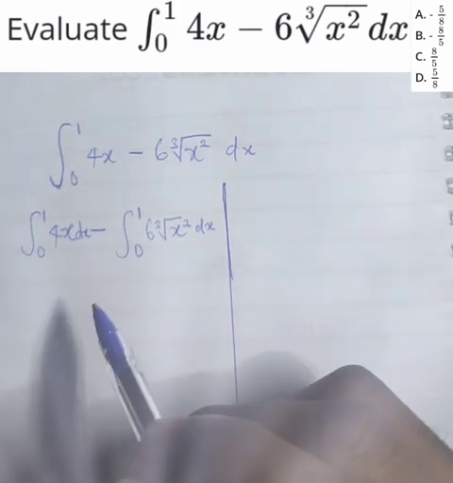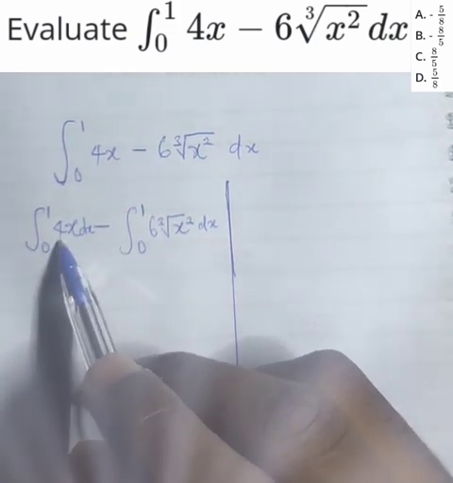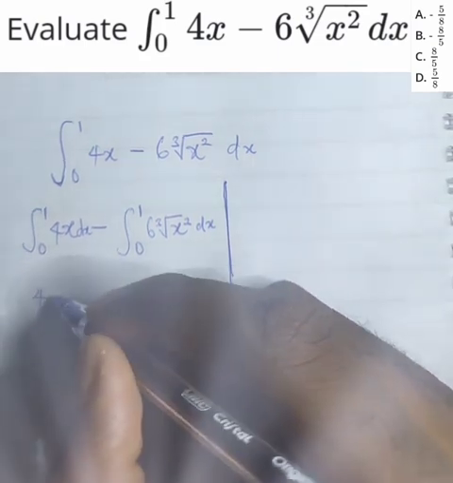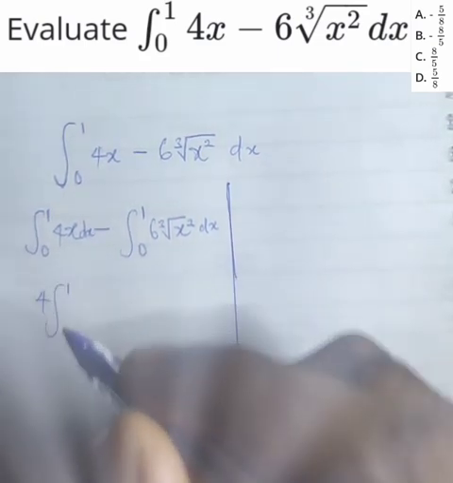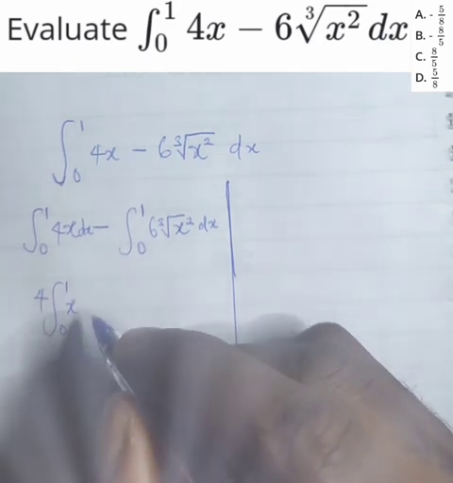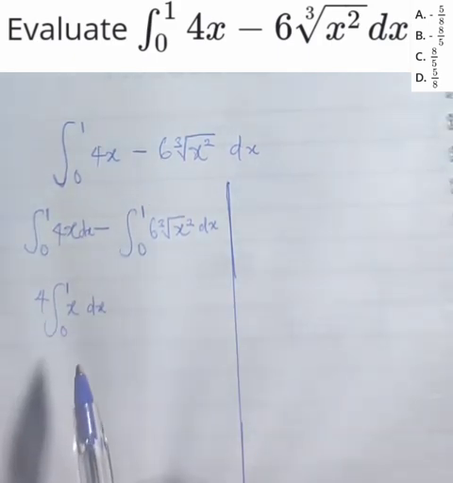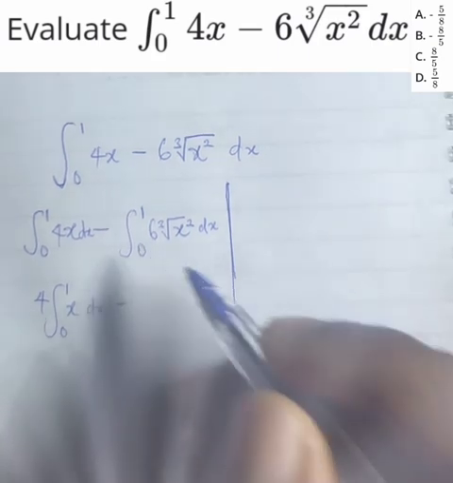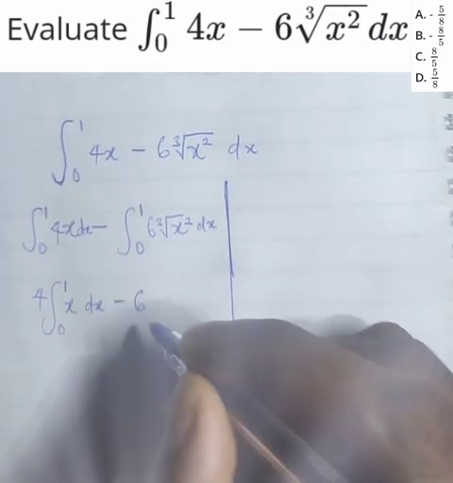The next thing I would like you to do is to bring out the constants. So for this, we'll bring out the constant 4. So we have 4 outside, then we have our integration sign, and we have the boundary conditions. We have the main term there with respect to x, minus, you bring out the constant here, 6.